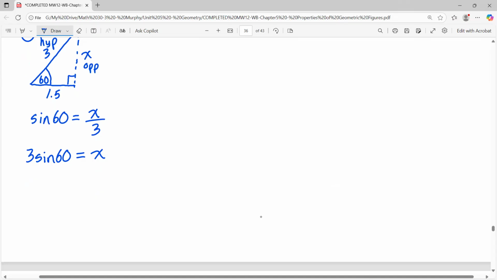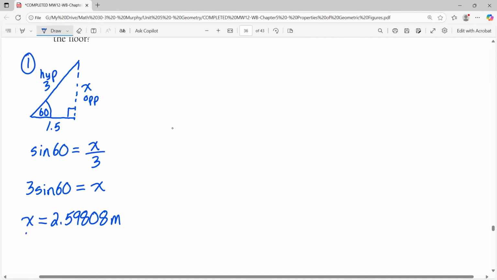And then if you crunch this number and your calculator is in degree mode, you should end up with a decimal answer, 2.59808. And we're going to carry that on to the next step. Oh, it's not in centimeters, it's in meters. Okay. So now we have the height. So actually, I'll just replace x with h. And you got the height.